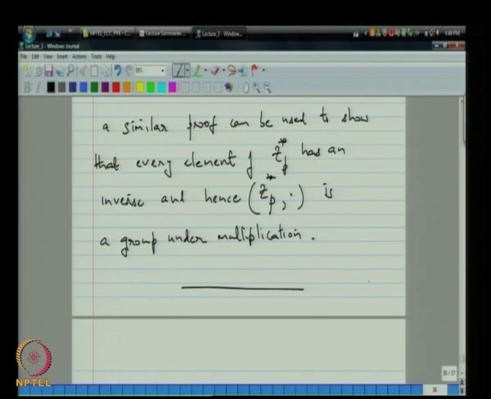Okay. So, that concludes yet another example of a group, and so now what I would like to do is continue by talking about subgroups.